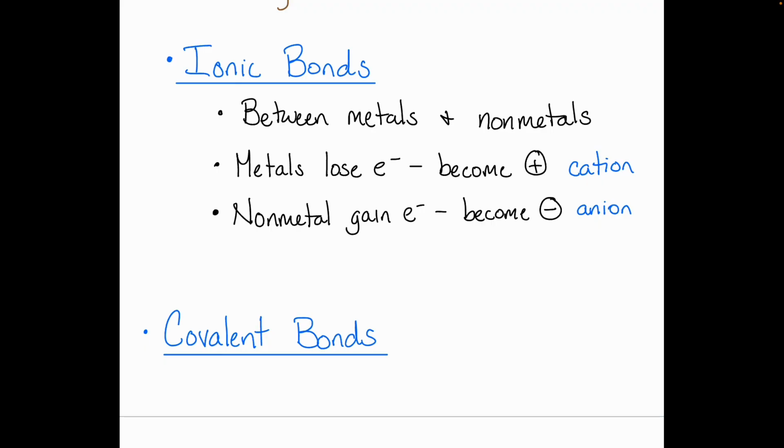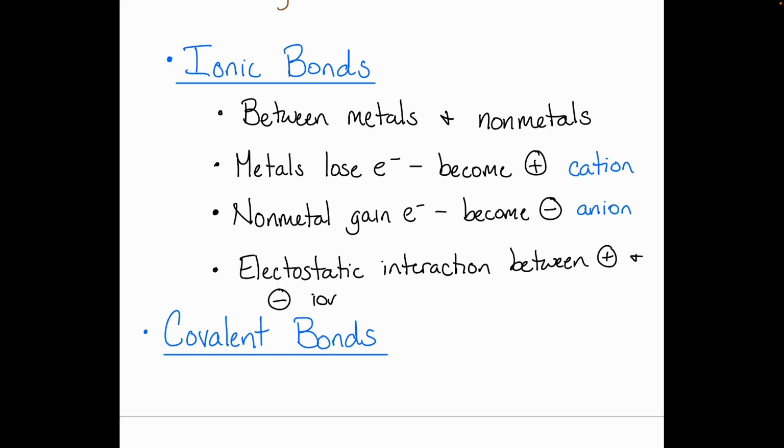So then what is the bond that takes place between a metal and a nonmetal? Well, one of them is positively charged, the other one is negatively charged, and opposites attract. That's what we call an electrostatic interaction. So our ionic bond here is this electrostatic interaction between positively charged and negatively charged ions.